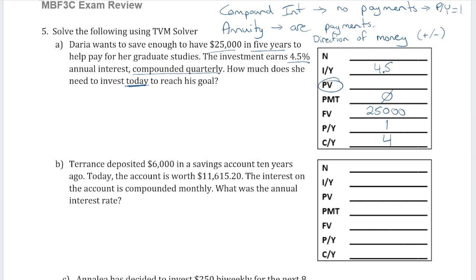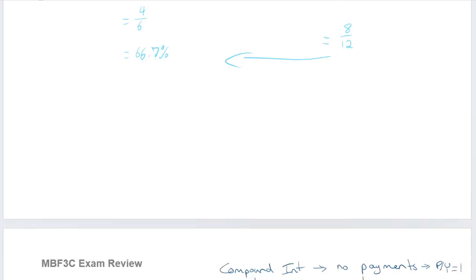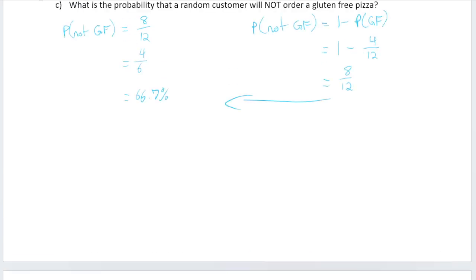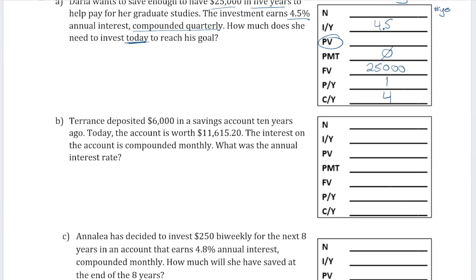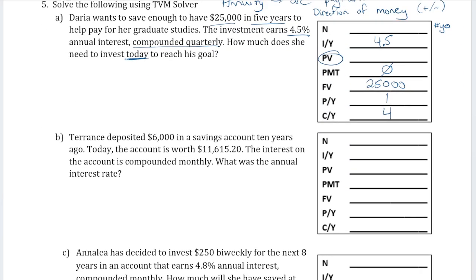And then N is the number of payment periods, which is the number of years times P over Y. But if it's not an annuity, P over Y is just 1. So it's just the number of years, which is 5.